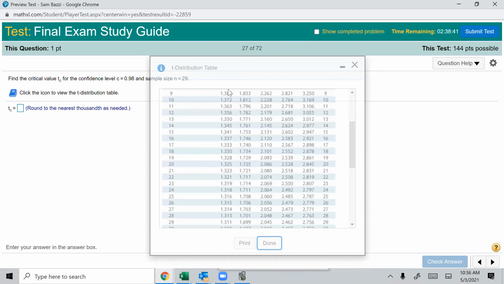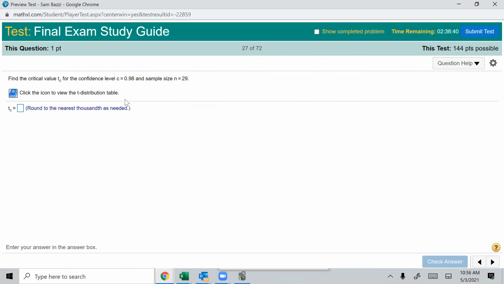But if you want to use the calculator, this is what you can do. Let me just prep the work for using the calculator. You take 100%, because the interval has 2 tails, to the left and to the right. So we need the area to the left. So we'll do 100% minus 98%. Always, you just do what I'm doing right now. You get 2%.